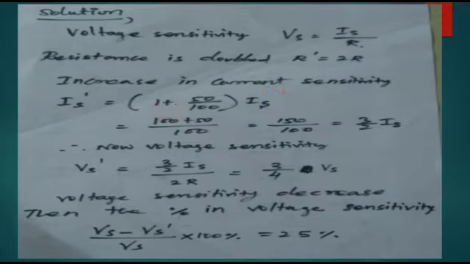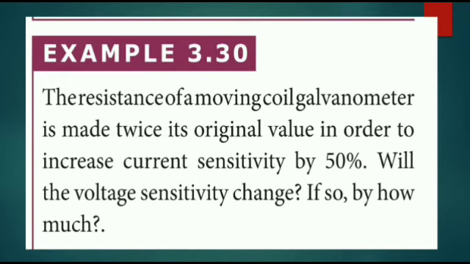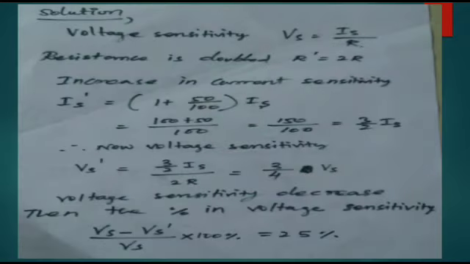It's very simple. See the question, this 50 percentage. Percentage we know is divided by 100. That's why 1 plus 50 divided by 100 into the current sensitivity.